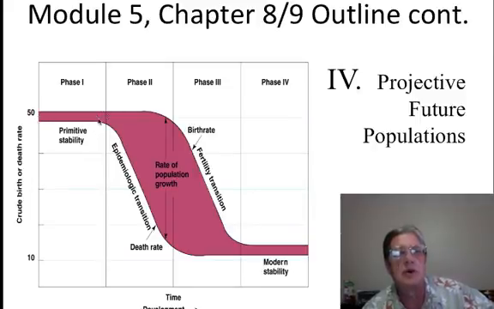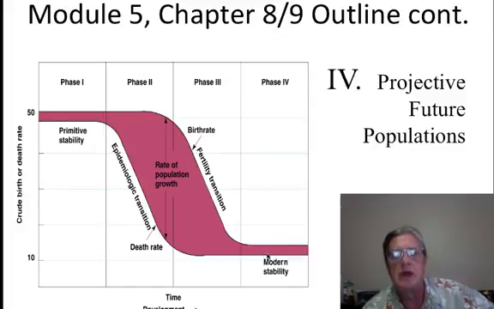Because there wasn't a whole lot of difference between those two rates, population increases were relatively small. At the final end of the demographic transition in phase four, you have both a low death rate, but also a low birth rate. This is the modern era. And again, the difference between the birth rate and the death rate is relatively small.